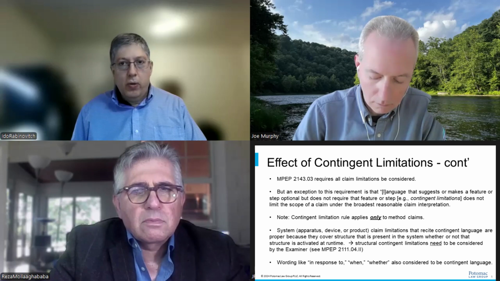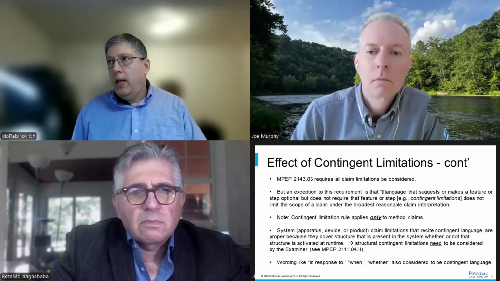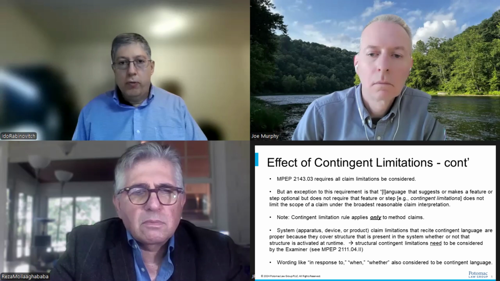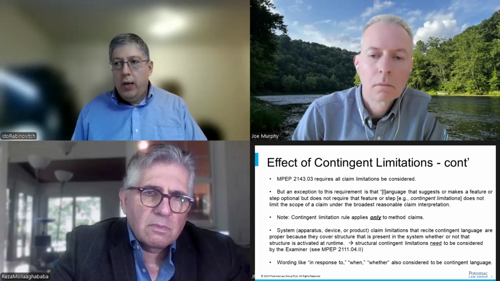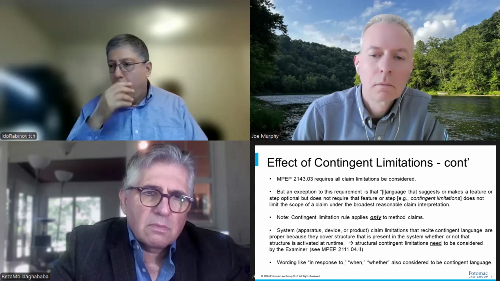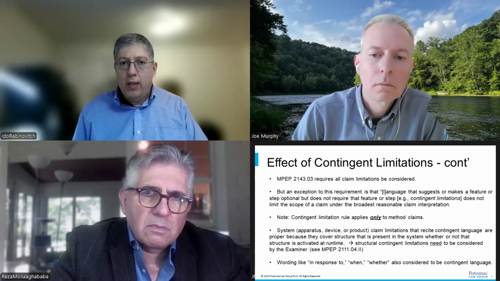That refers to the all limitation rule: when you examine a claim, you can't just ignore, you have to take into account all the limitations there, whether there were any problems with indefiniteness or whatnot.